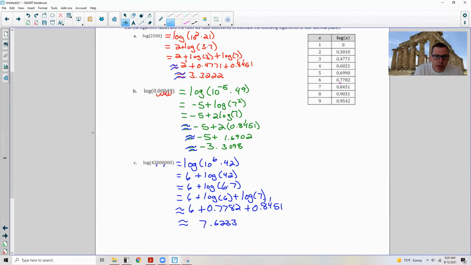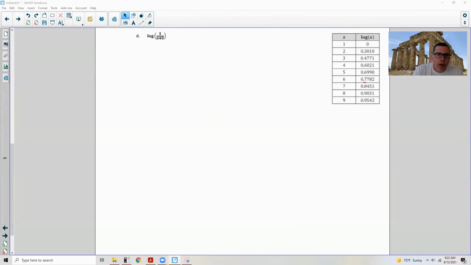Next one, D. Okay, so got this all set up now. Let's do log of 1 over 640. Remember the rule. That is going to equal the negative log of its reciprocal, 640.